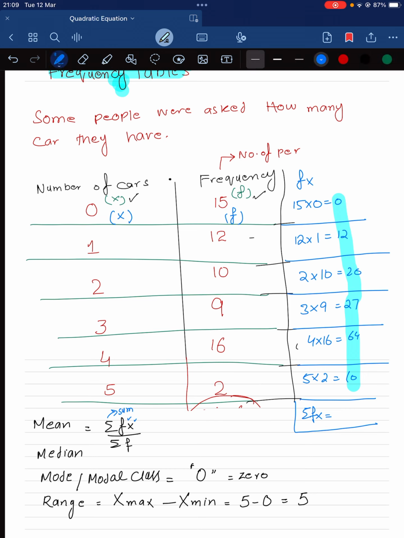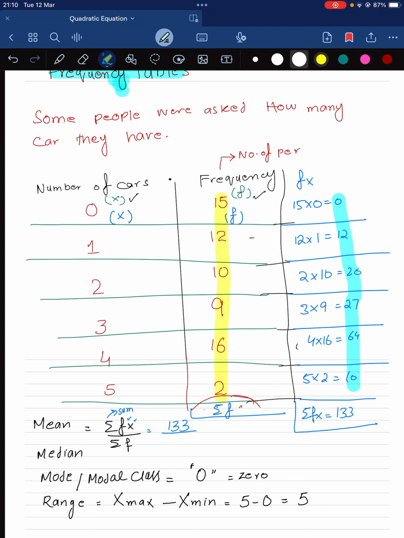So if we add them, it's going to be 0 plus 12 plus 20 plus 27 plus 64 plus 10. This gives us 133. Now we have the value of sigma fx. Now we need to find sigma f. Sigma f is basically the sum of all the frequency values.